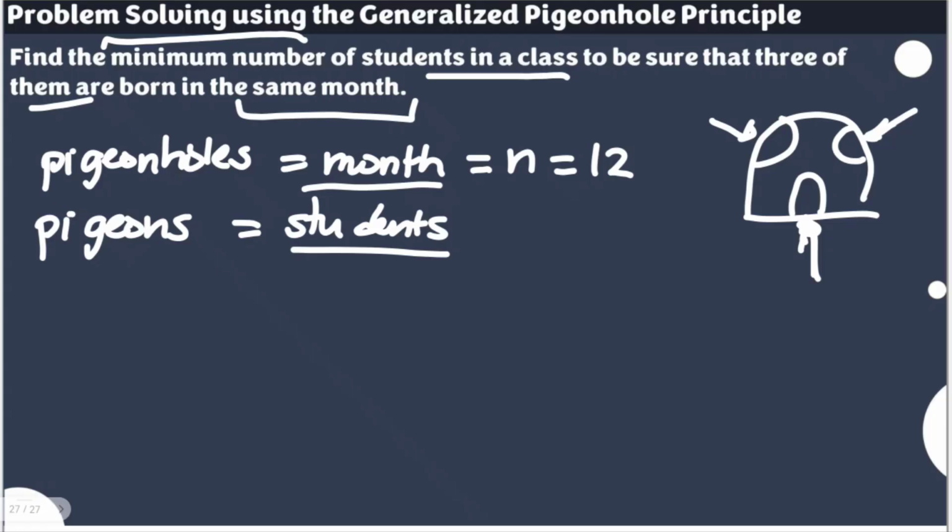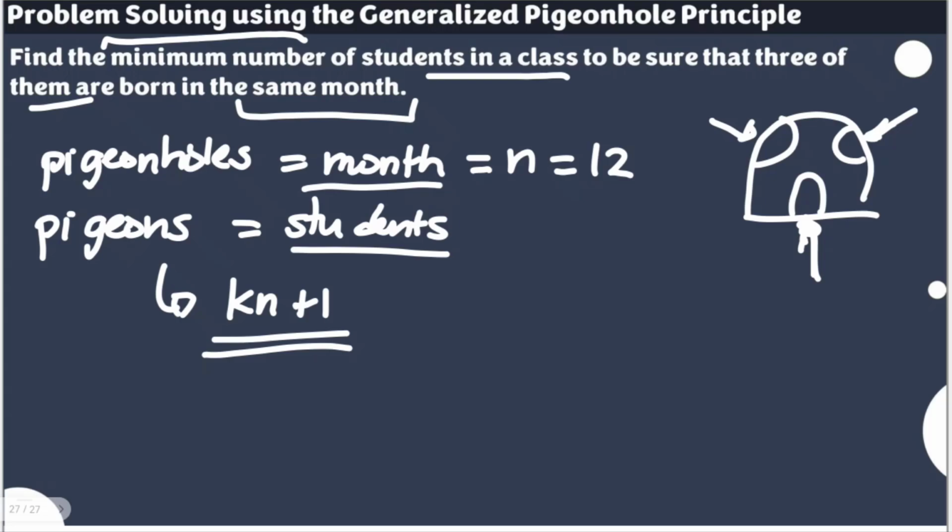But with the concept of the generalized pigeonhole principle, the number of pigeons, the students, is kn plus 1. So it's kn plus 1, not n plus 1 as in the previous pigeonhole principle, because we have a generalized pigeonhole principle.